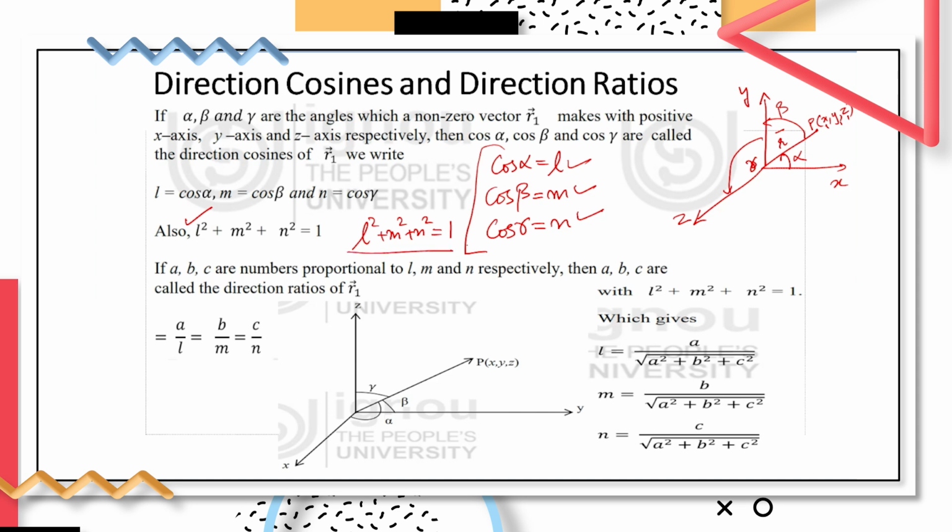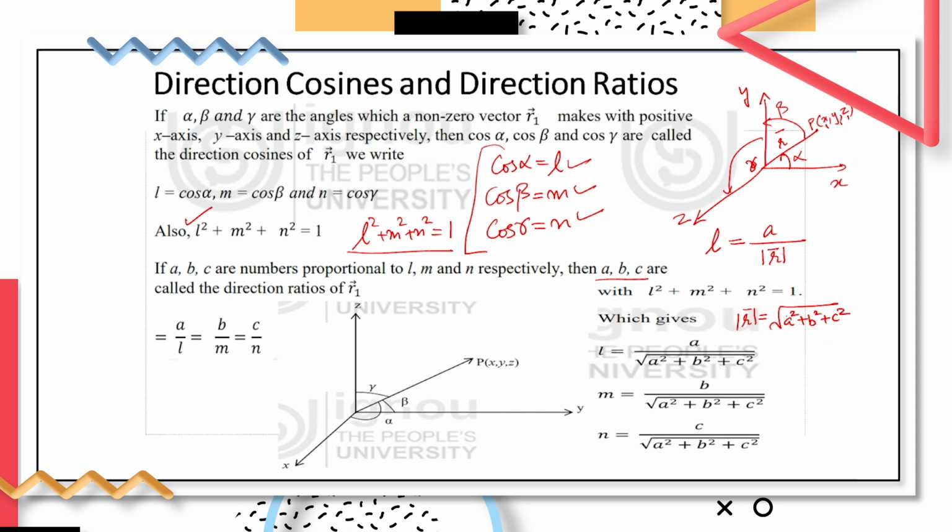Now we also explored that if l, m, n are the direction cosines, and a, b, c are the direction ratios, then you can always write direction cosine l is equal to direction ratio by the magnitude of the vector r. The magnitude of vector r with direction ratios a, b, c can always be written as square root of a square plus b square plus c square.